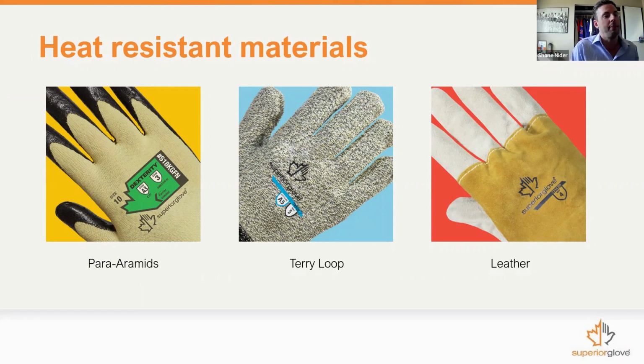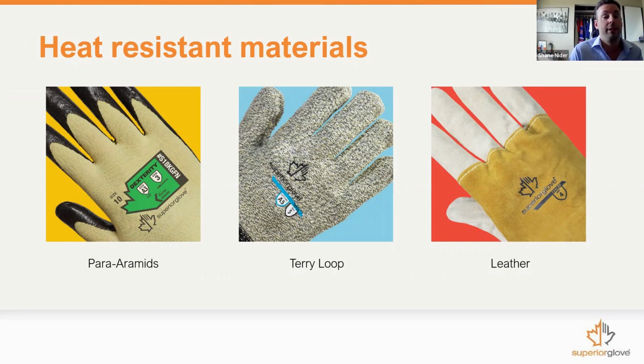But you may not be able to handle objects quite as hot on that extreme side of the spectrum. Terry loop is sort of like a cotton feeling glove, but the terry loop is going to trap heat. If you've ever seen something like the UGG glove on TV, the barbecue glove of all time, it's a similar thing there.